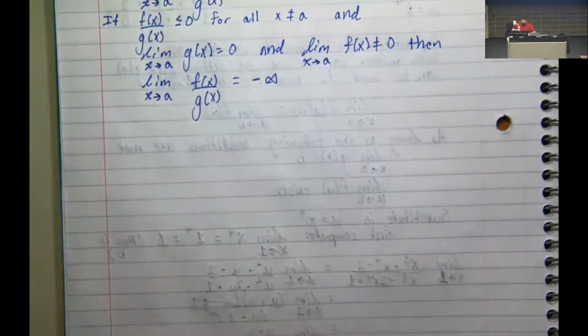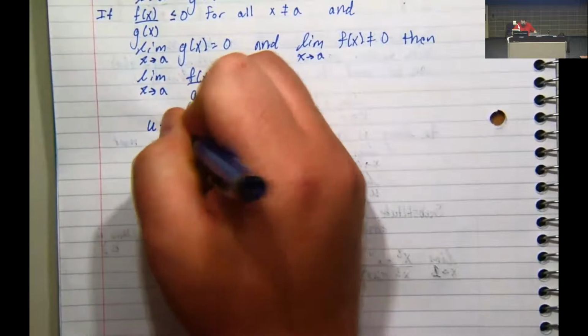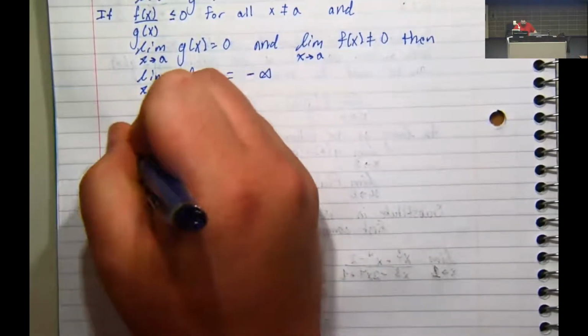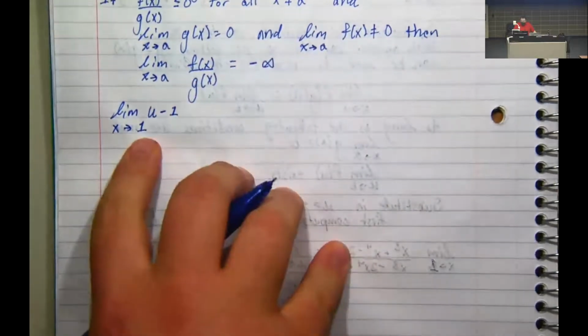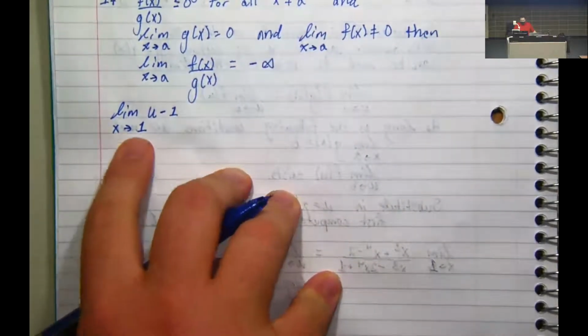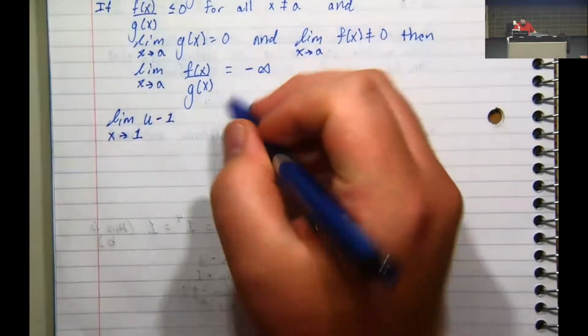Except if we look closely at u minus 1, as x approaches 1, if it is coming from the negative side, so x is approaching 1 but always less than 1, then this is going to be negative.